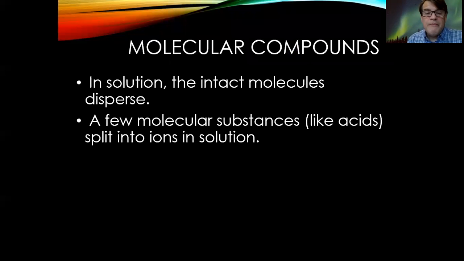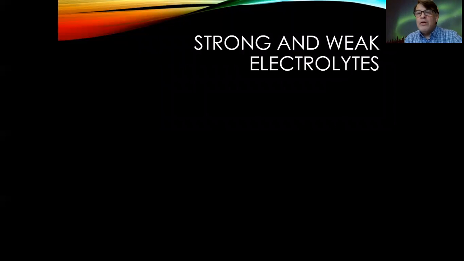There are a few molecular substances, like acetic acid, that do split a little bit into ions in solution. So you do get a little bit of the H plus of acetic acid separating from the other part, not nearly as much as with electrolytes. So you have strong electrolytes and you have weak electrolytes.